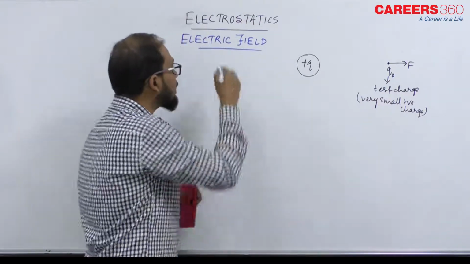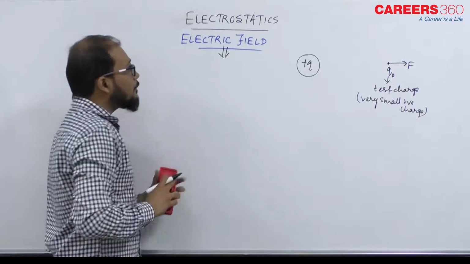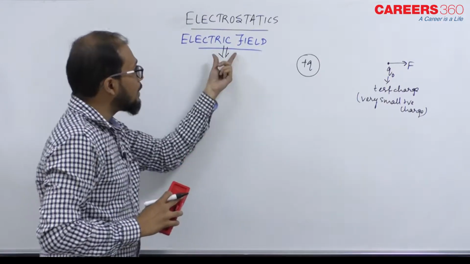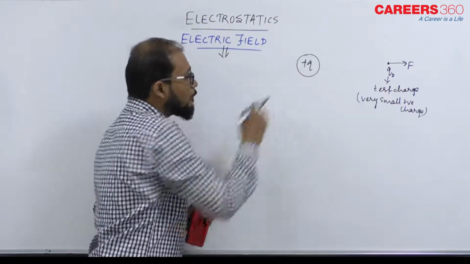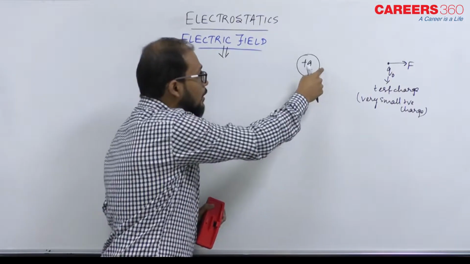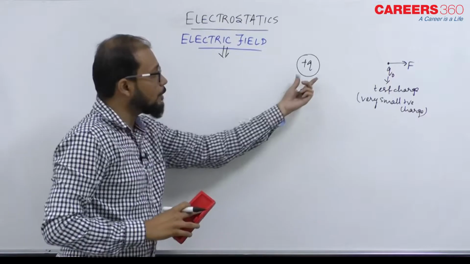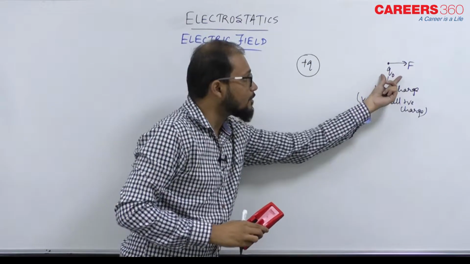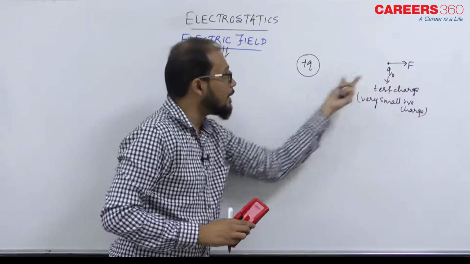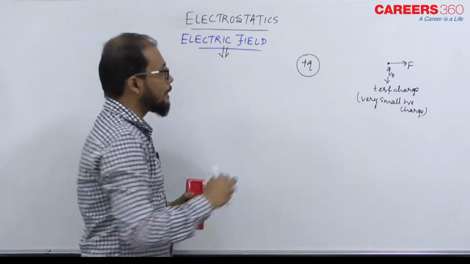So we can define electric field as a space or a region around a charge, or we can say source charge, in which if we bring any test charge, then it will experience an electric force like this.